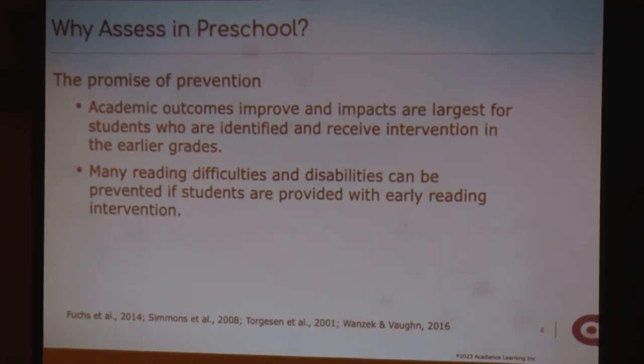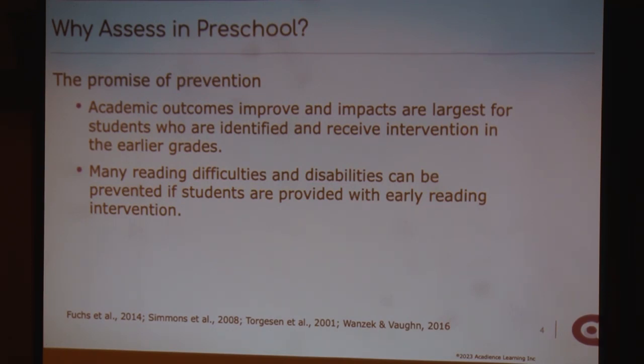Why assess? I mentioned the word prevention, and so it truly, at the preschool level, we want to prevent reading problems from coming about in the first place. And a couple of weeks ago when I was at IDA, International Dyslexia Association Conference, truly, people who truly may be identified with dyslexia will always have dyslexia, but you know what?